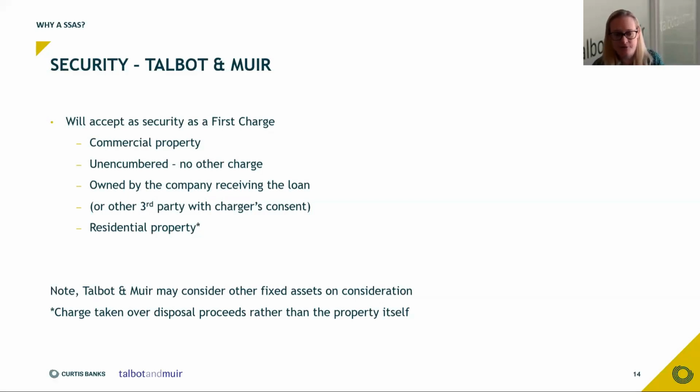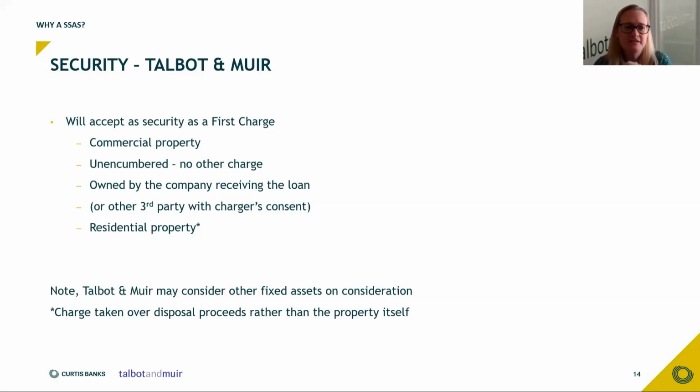We do expect, though, that every time we put a charge on, the person who is submitting that piece of security understands the implications if that loan is ever recalled because the loan has failed. It is absolutely important that the client or whoever it is understands those implications.